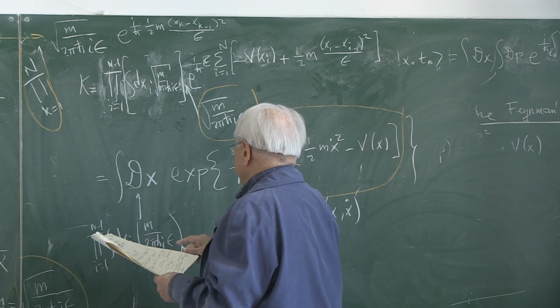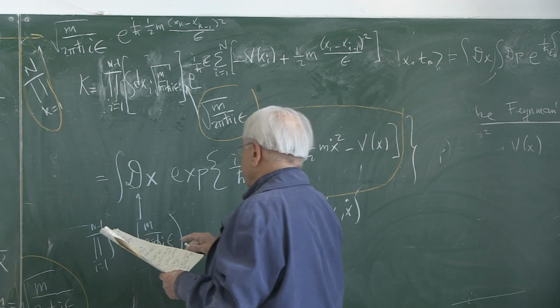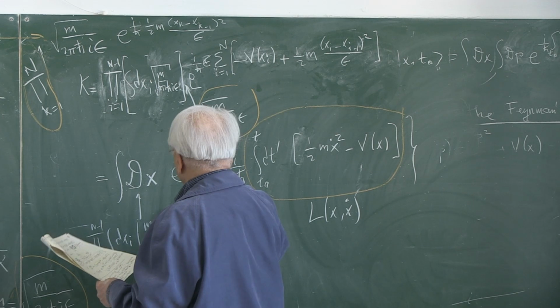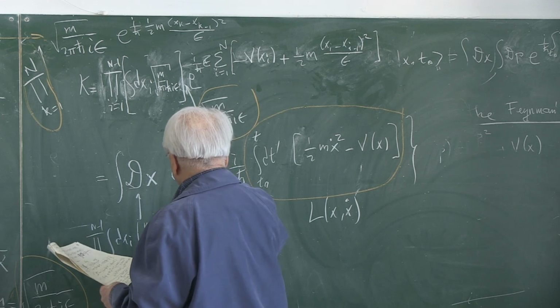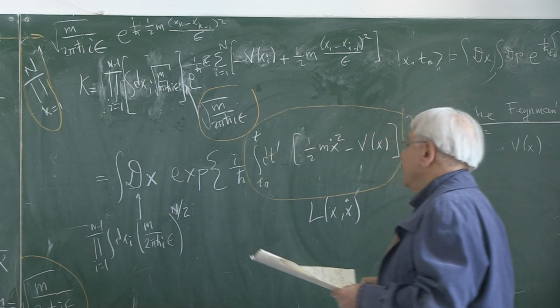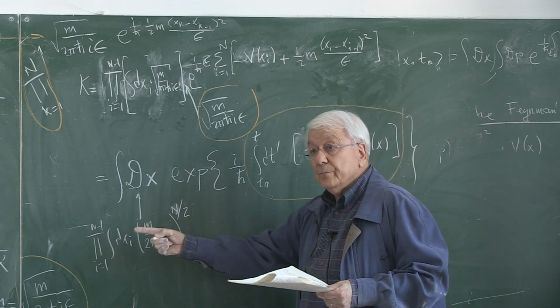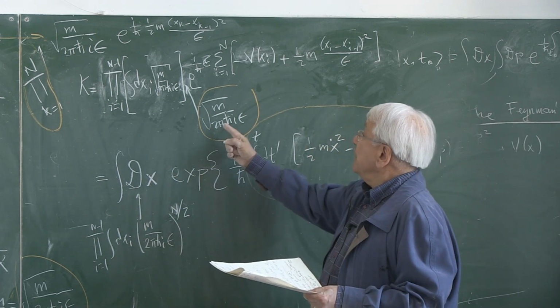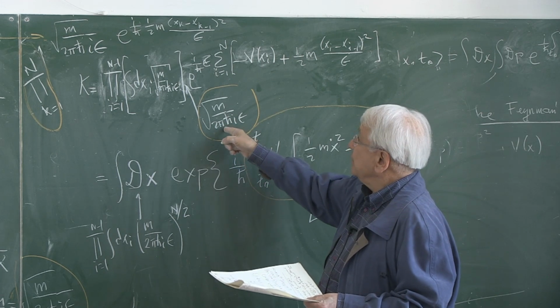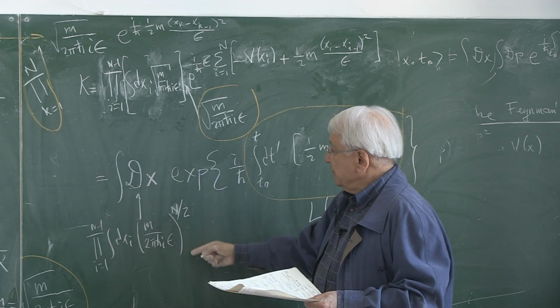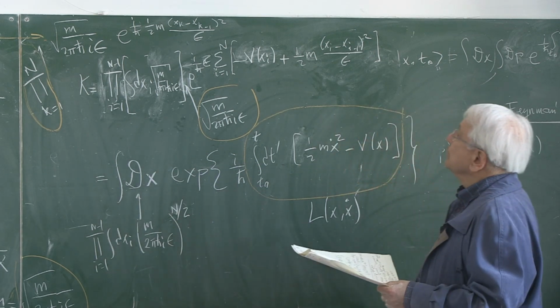For each one additional factor more. That is this extra factor in here. N minus 1 of them go together, and there is the additional one, n over 2.